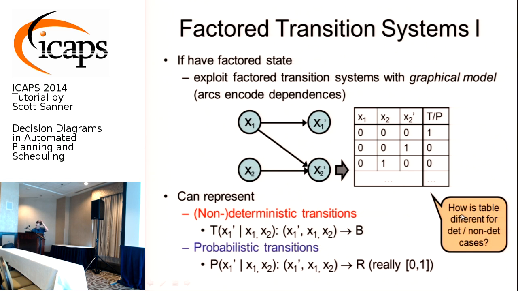And if I have the probabilistic case, then I replace these ones and zeros with probabilities. With the probability of getting x2 prime given the current state being x1 and x2 are false. So 0.7, 0.3, 0.2. So these tabular representations from these domains to these ranges are sufficient for both non-deterministic and probabilistic transitions. Okay, so that's the representation.